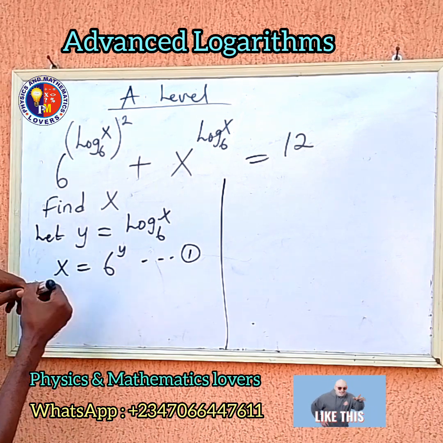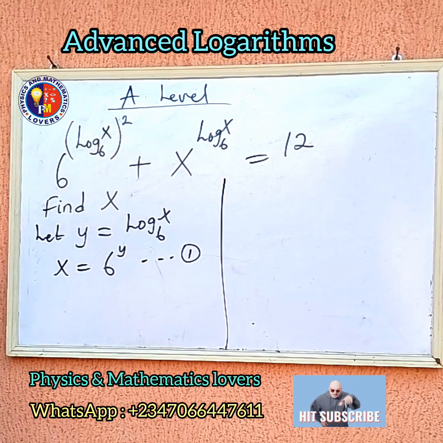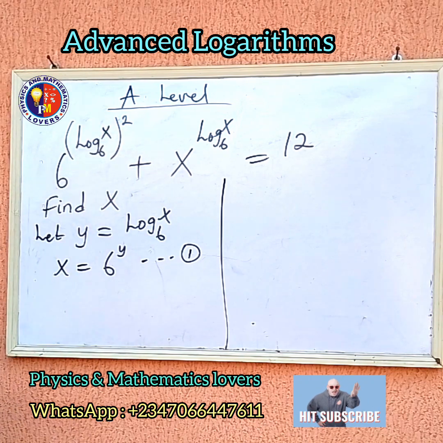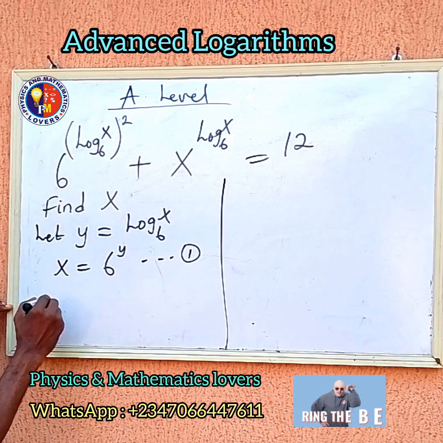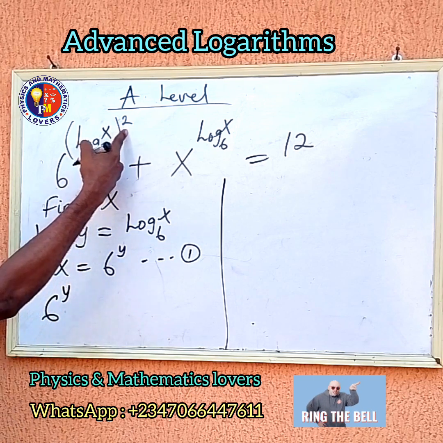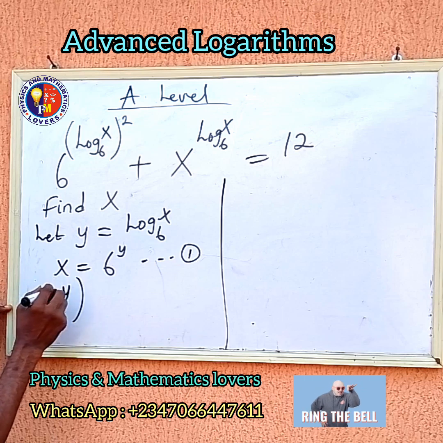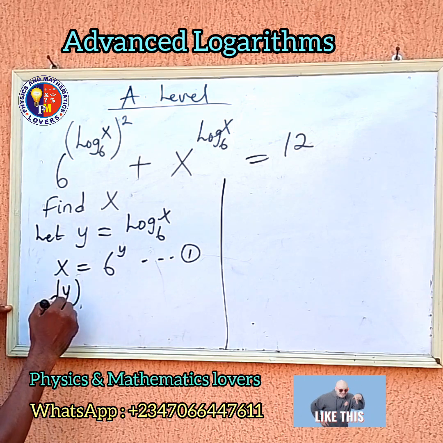So substituting for x and log x to base 6: wherever you find log x to base 6, put y. Which means here will become 6 raised to power y. There is another square here, so I'm going to square it again.